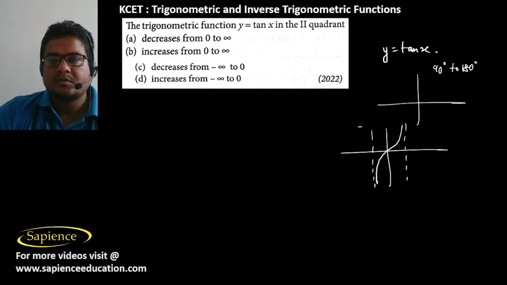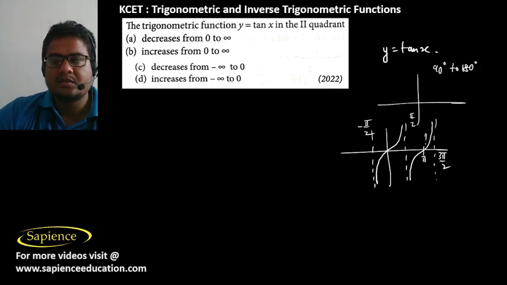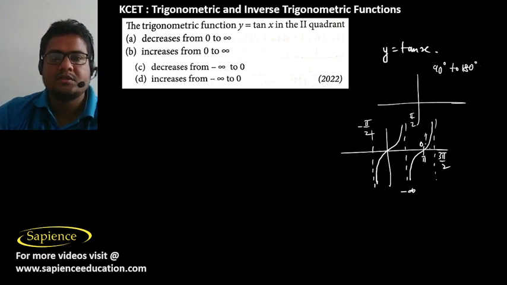This is minus pi by 2 to pi by 2. Then again it is like this. This is pi, this is pi plus pi by 2, this is 3 pi by 2. So from pi by 2 to pi, that is in the second quadrant, tan x increases from minus infinity to 0. So option D is the correct answer.